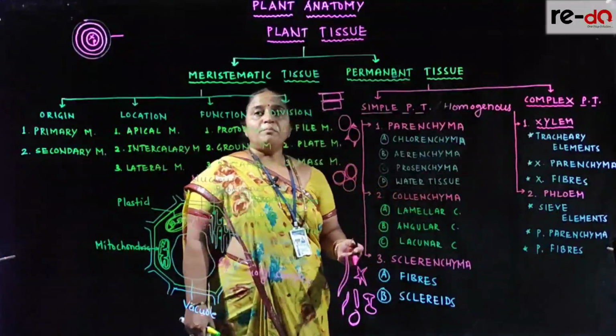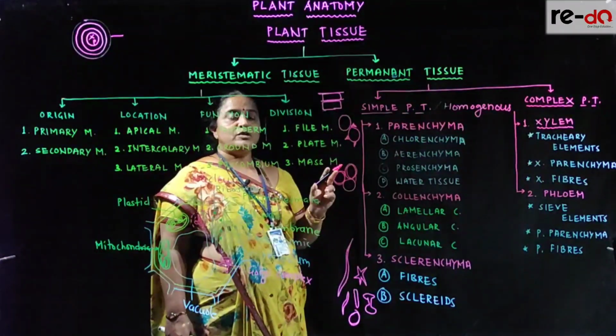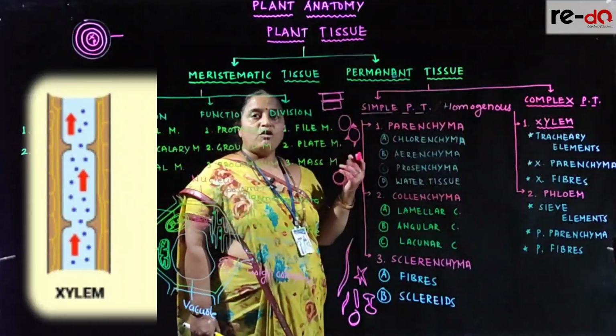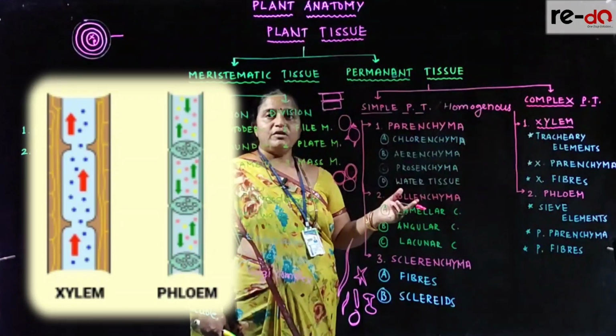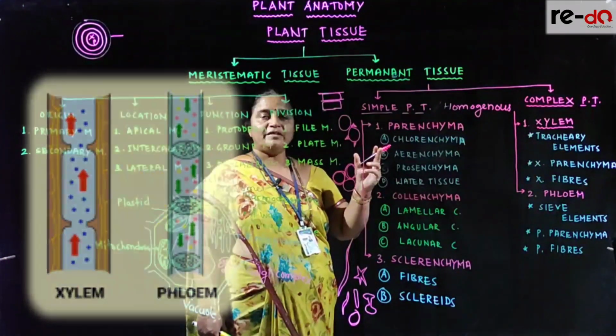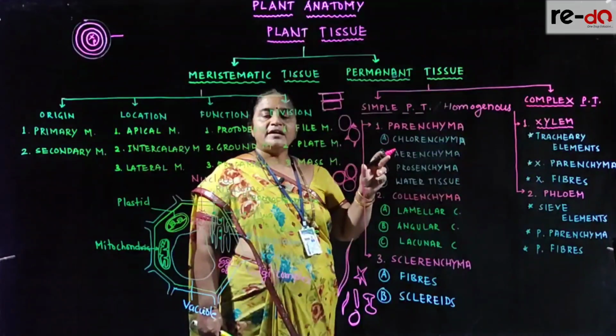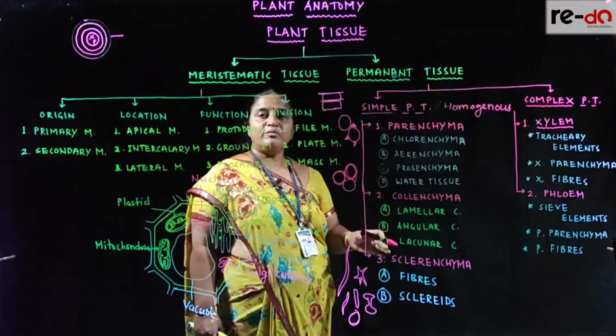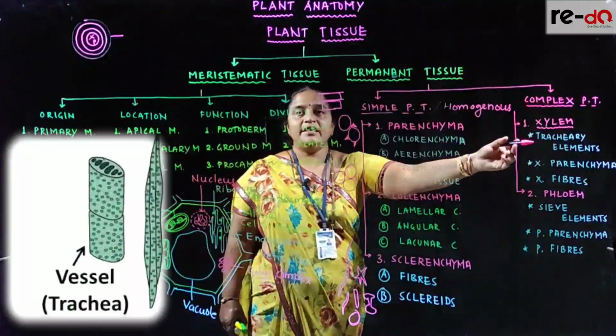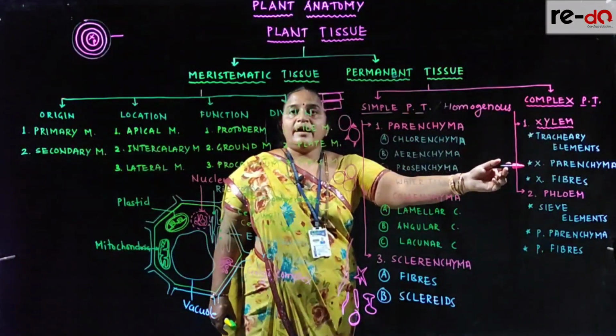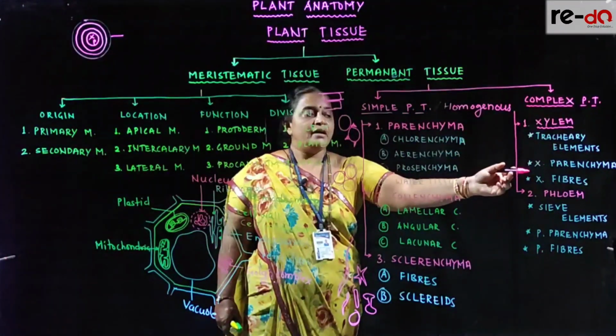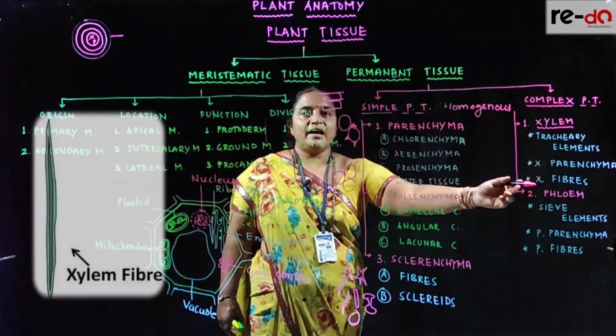Then complex permanent tissues are of two types: xylem for water conduction, phloem for food conduction. As I said, it is a complex tissue. The main conducting elements that carry water from root to leaves are called tracheary elements. They are nourished by xylem parenchyma and mechanically supported by xylem fibers.